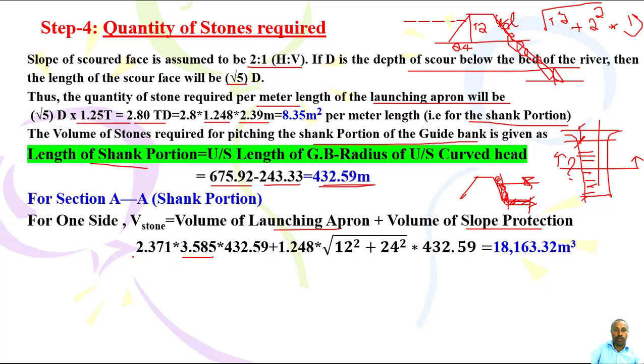This is the volume of the launching apron. Then plus the slope protection, 1.248 times the square root of 12 squared plus 24 squared. You get this slope, the side slope, clear? Then multiply by the straight portion.